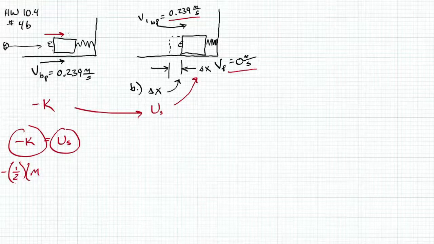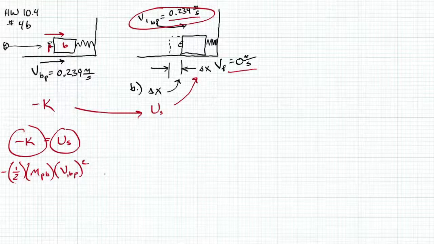Well, mass of what? That's the mass of the putty and the block together, P and B together, times the velocity squared. Well, what velocity is that? When it first starts moving, it has a velocity of 0.239 meters per second. The initial velocity of the putty and block squared. Okay, and we set that equal to the gain of potential energy.